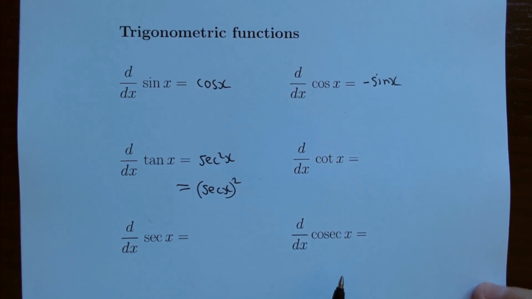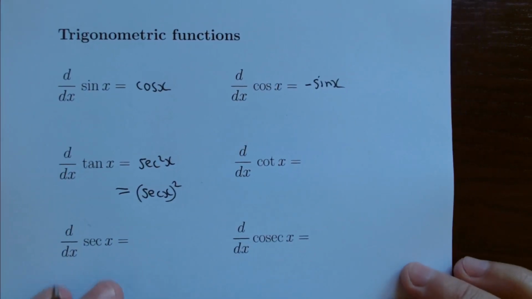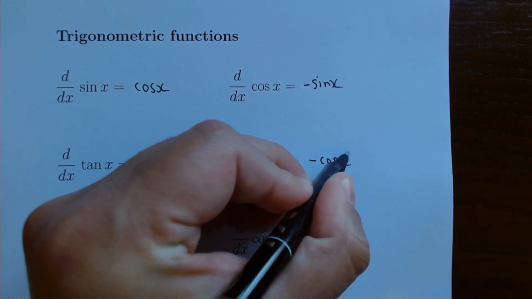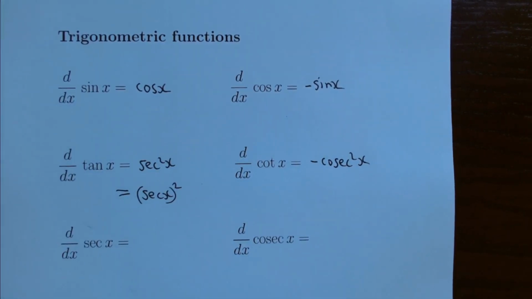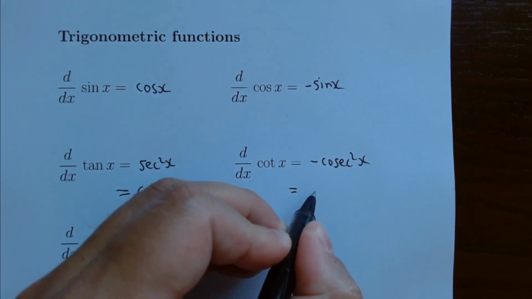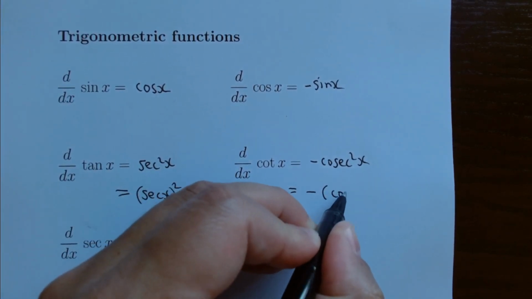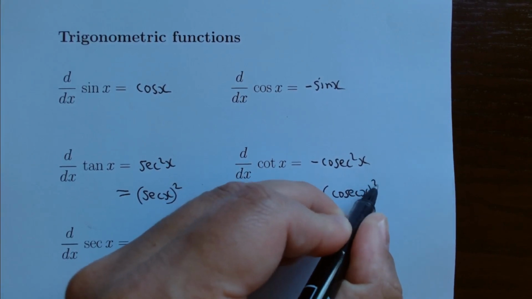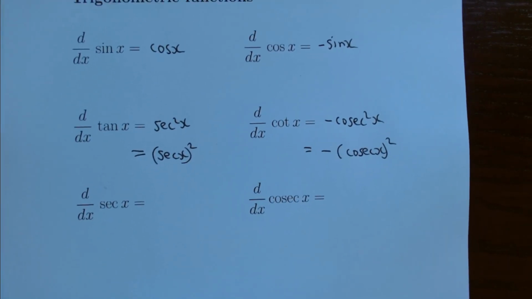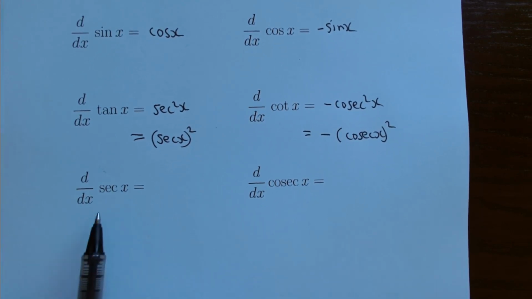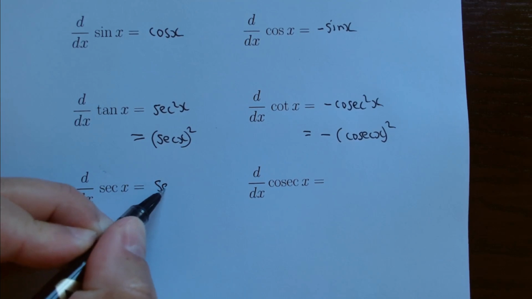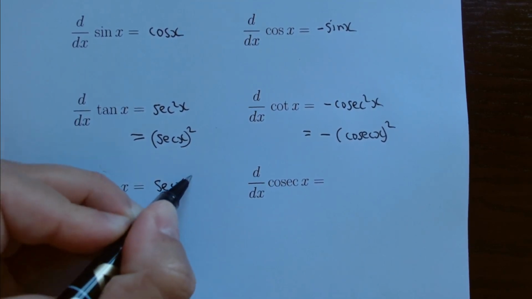And the derivative of cot x is negative cosec squared x. And the meaning of that is negative and then cosec x all squared. And then the derivative of sec x is sec x tan x.